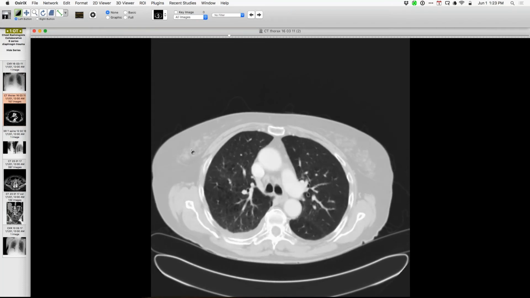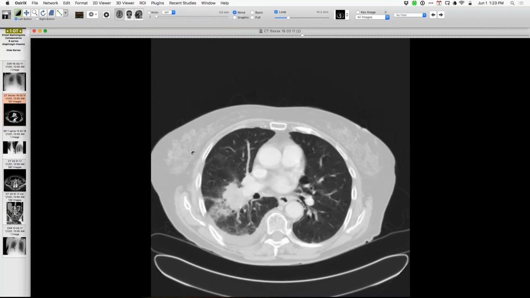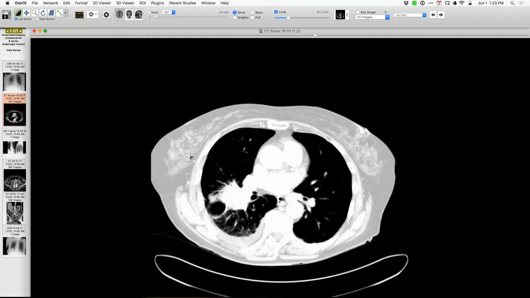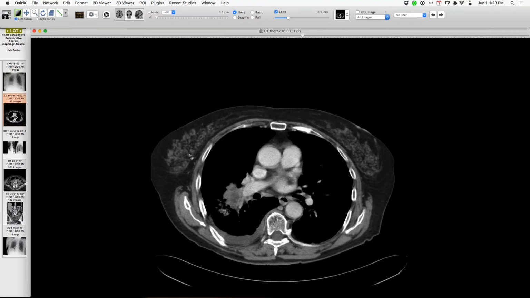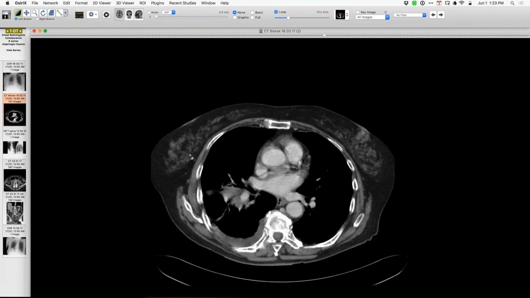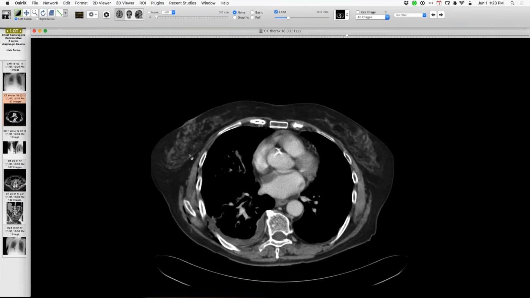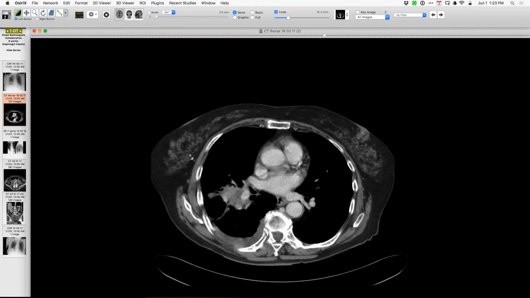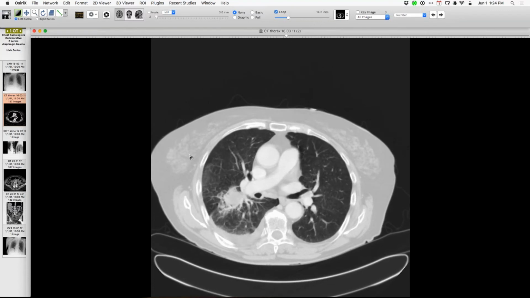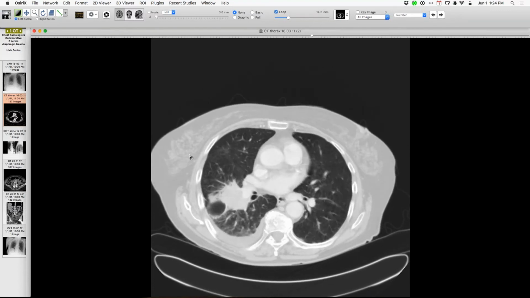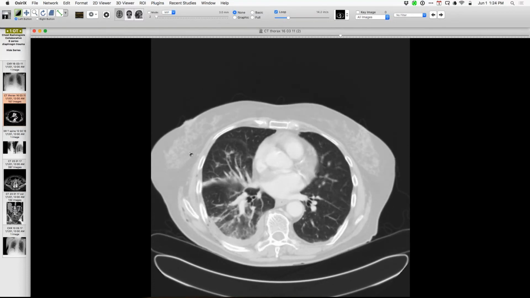What's partly interesting about the CT is the appearance of seemingly a mass almost in the central part of the right lung, right infrahilar lung, with pleural fluid with the trauma that, as you'll see, subsequently did resolve. So that was presumably a focal area of contusion in that particular location.